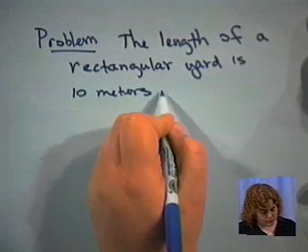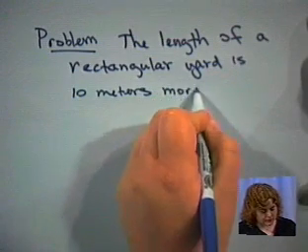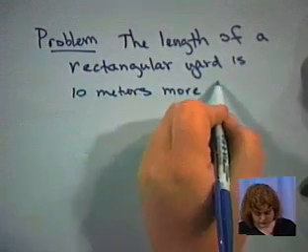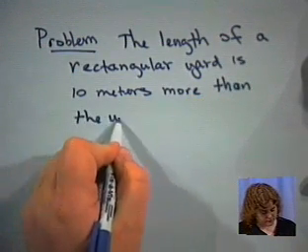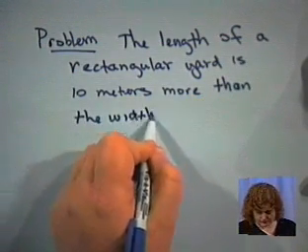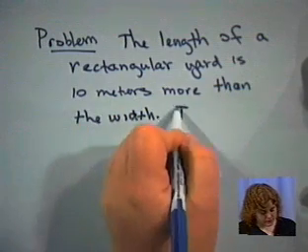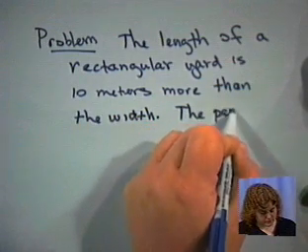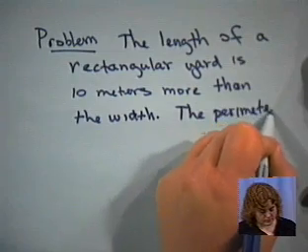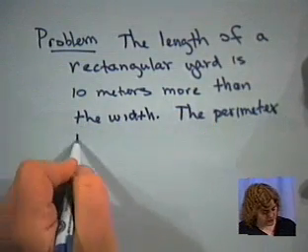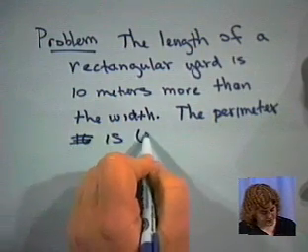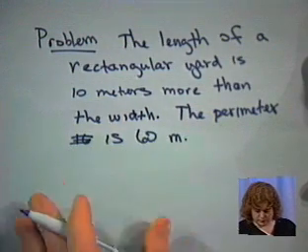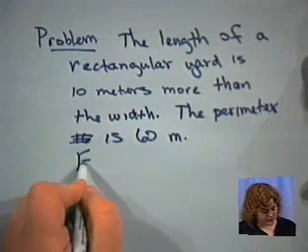And again, the word more is a clue that we might have some addition involved than the width. The perimeter is 60 meters, M for meters. Find the length and the width.